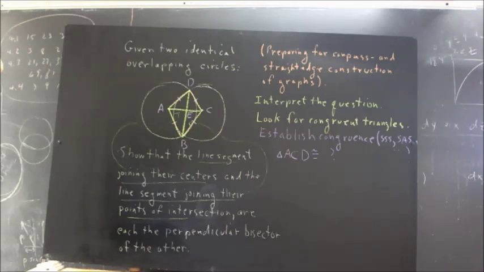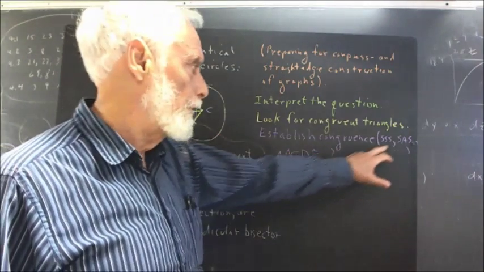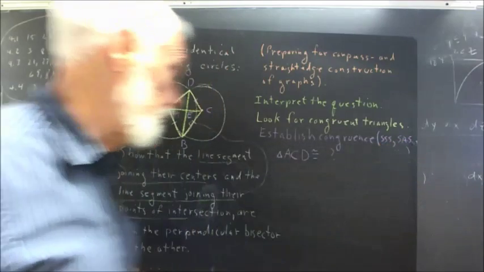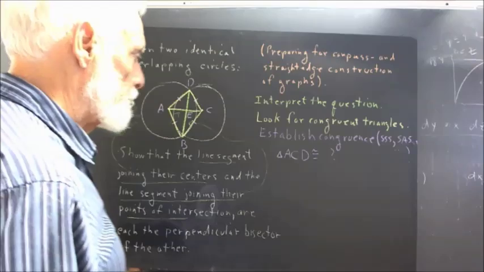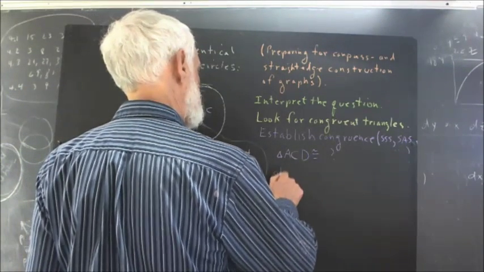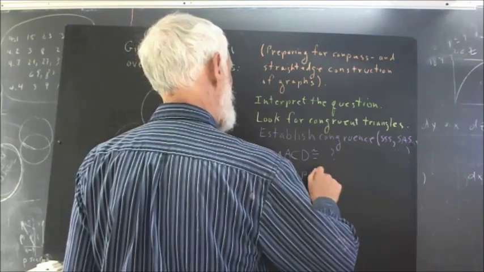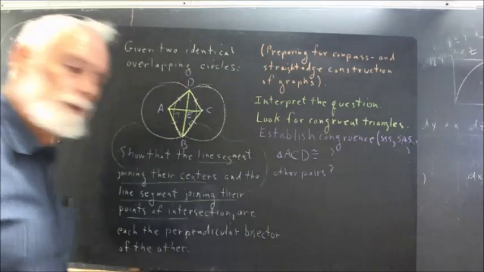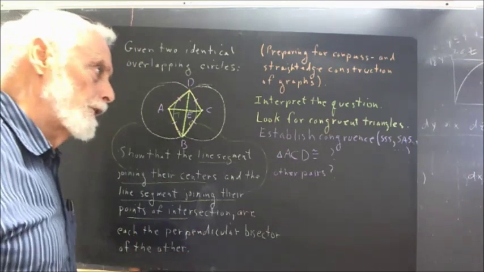And what else can we say about ACD? Again, ACD is congruent to some other triangle, either by side, side, side, or side, angle, side. You can figure out which. And other pairs. You should list them, all pairs of congruent triangles, so you have a point of reference.